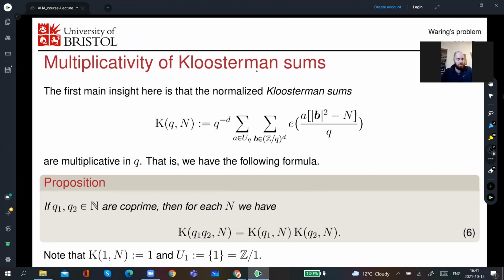So what are the Kloosterman sums? For our purposes, this is not the typical definition. It's just picking out one of the terms depending on the modulus Q. So I take for each modulus Q, and my n is fixed from the beginning, I look at this exponential sum.